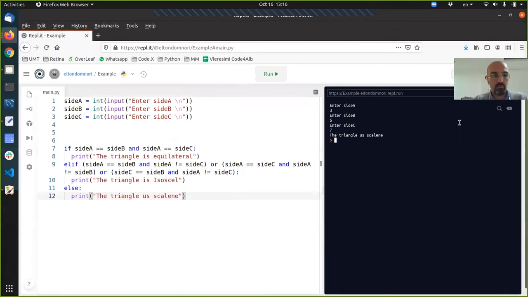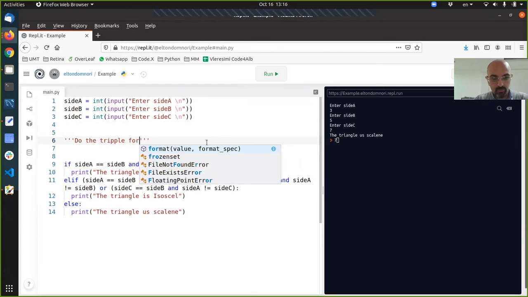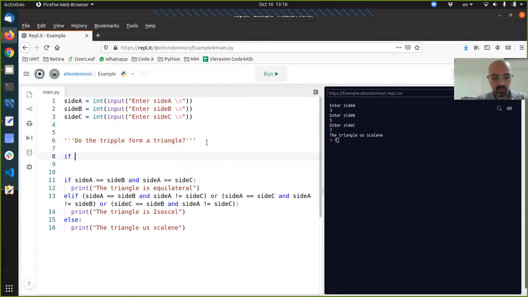So what I have to do, before I do any check of the type of the triangle, first of all, I need to check whether it is a triangle at all. So, do the triple form a triangle? It's a question mark. Okay, let's check it.